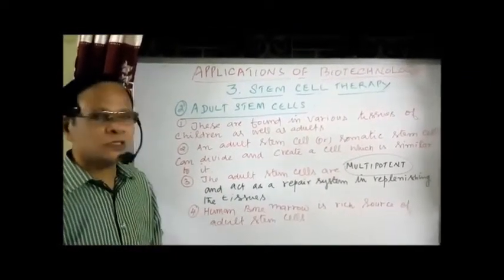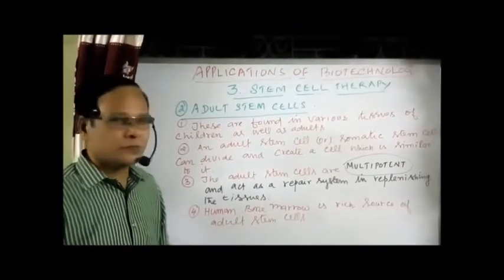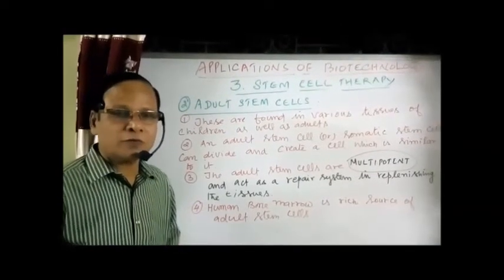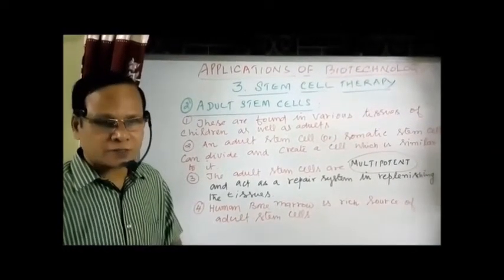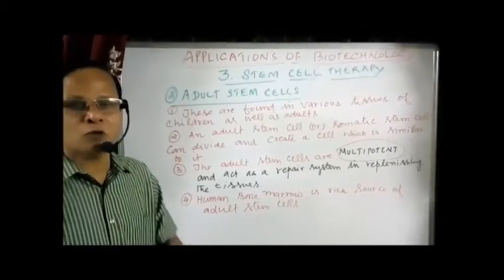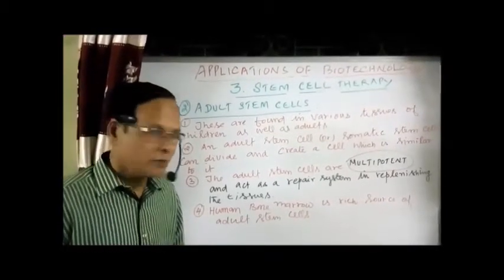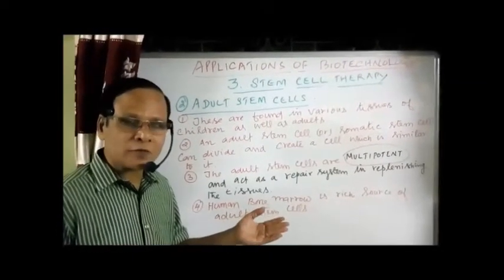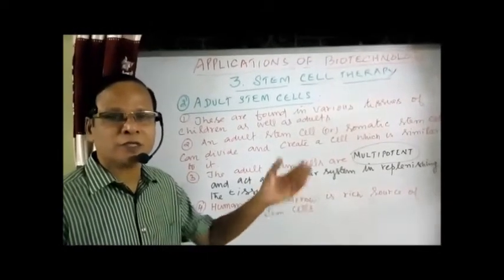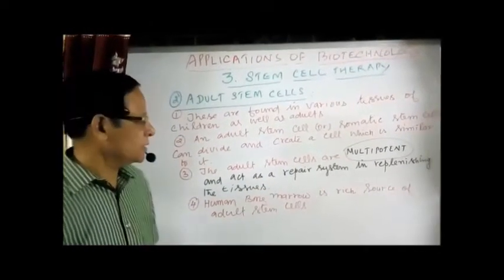Human bone marrow is a rich source of adult stem cells. From there we get the different types of blood cells. It is particularly the red bone marrow, not the yellow bone marrow, that is concerned with stem cells for the production of different types of cells.